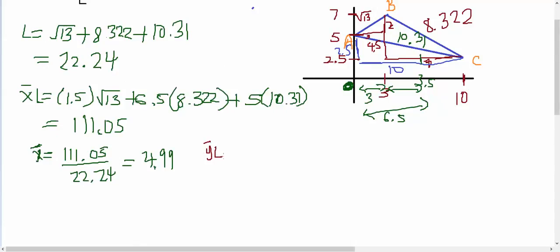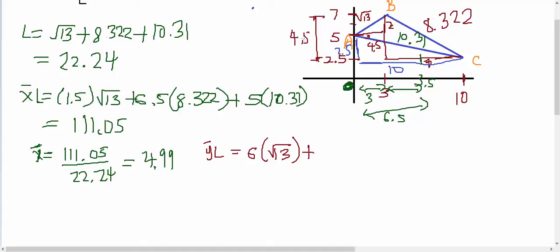So for y L bar, what is the y coordinate for this? From here to here is 2. This is 6, halfway between. So that's 6 multiplied by the length of the line. From here to here is a distance of 4.5.